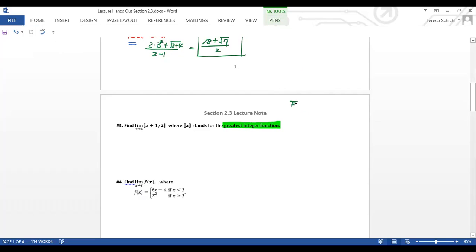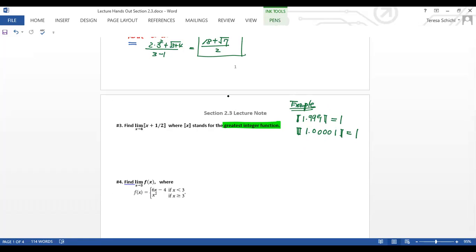If you still remember from pre-calculus, if I have 1.999, I'm looking for the largest integer less than this number. What is that? It's 1, right? The same way, if you have 1.00001, the largest integer less than this number is still 1, okay?